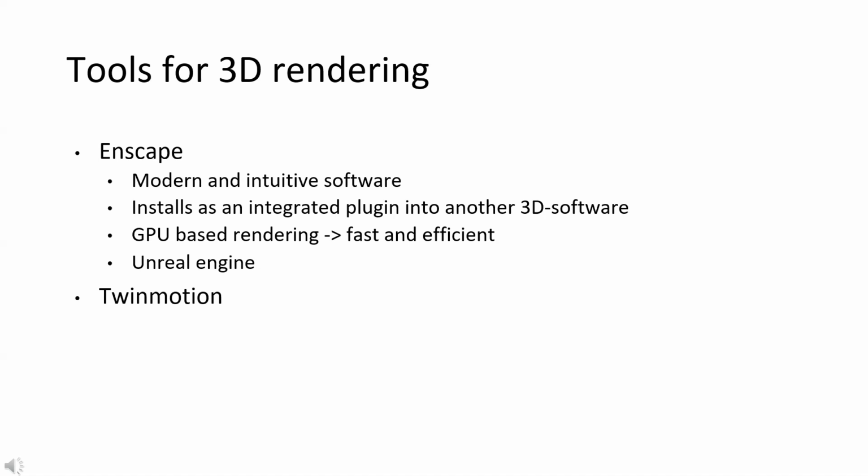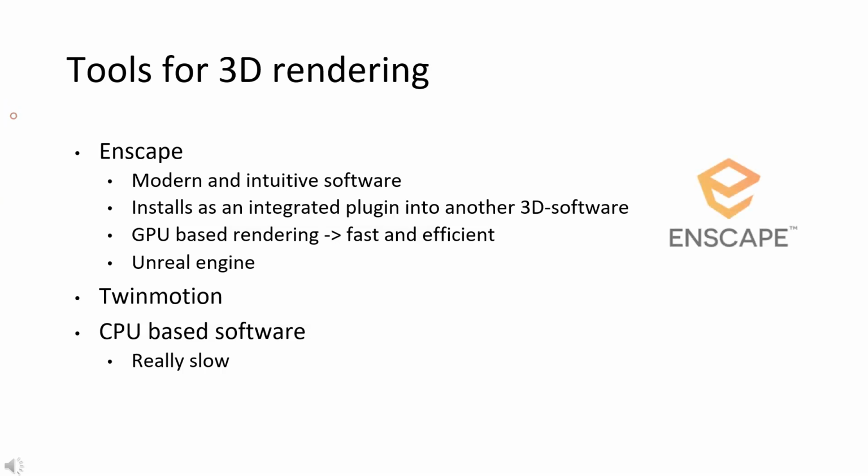It's based on Unreal Engine, and Twinmotion is another tool using the same Unreal Engine which was developed for game industry. And older CPU based software can be also used, but they are really slow. We have been using 3ds Max in this project and it was a really slow way to do anything.